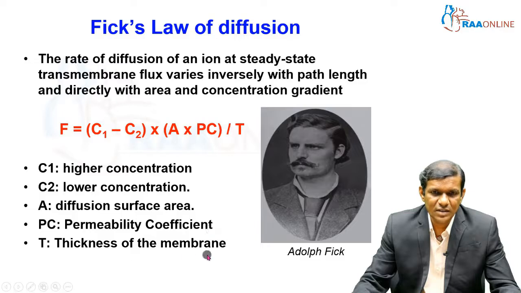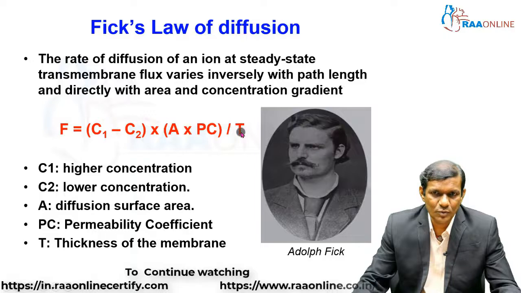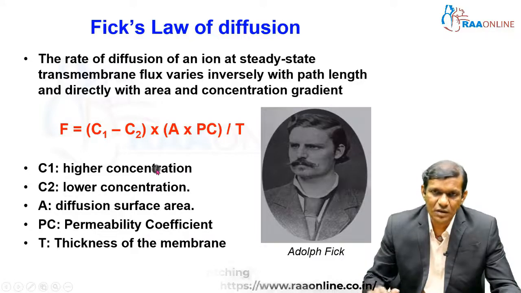If the thickness of the membrane is more, the drug has to travel a longer distance and takes more time. That is why it is inversely proportional and comes in the denominator, whereas the area and concentration are directly proportional. This is given by Fick's law of diffusion.